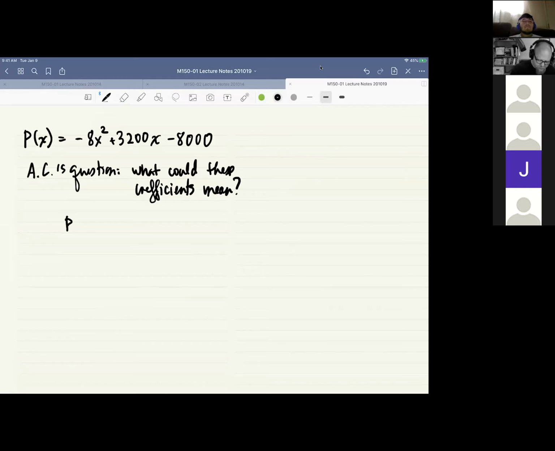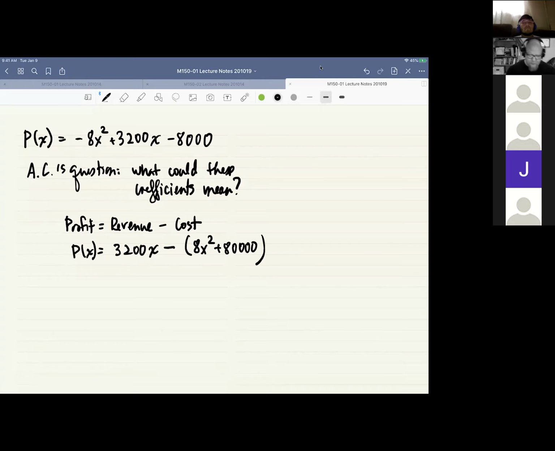I'll write it this way. Profit is revenue minus cost. So if we wrote our function up here, a natural way to rewrite that profit function, just for the sake of having a conversation, might look like this.